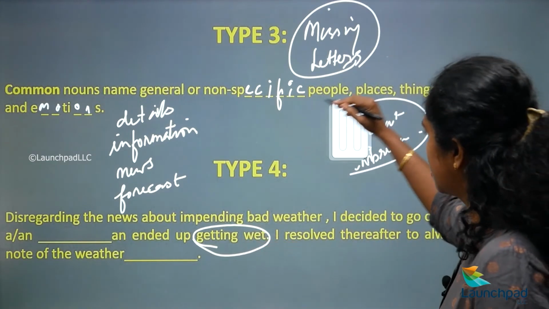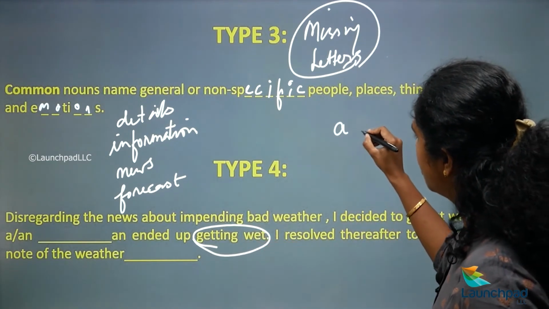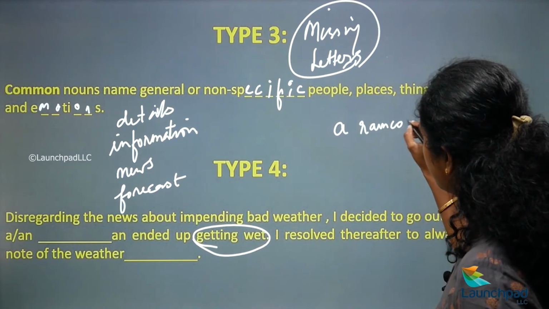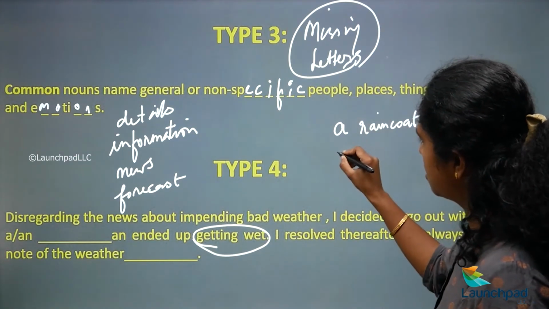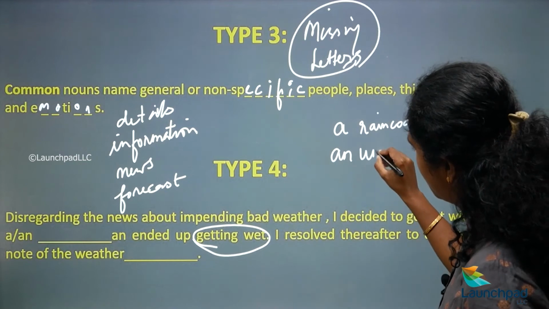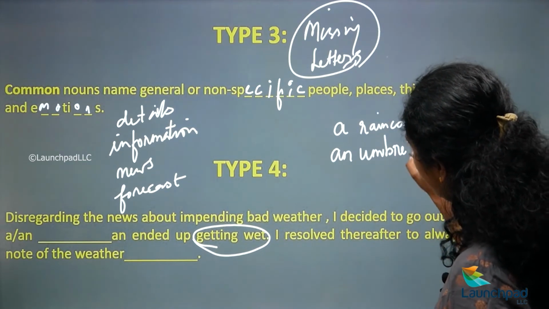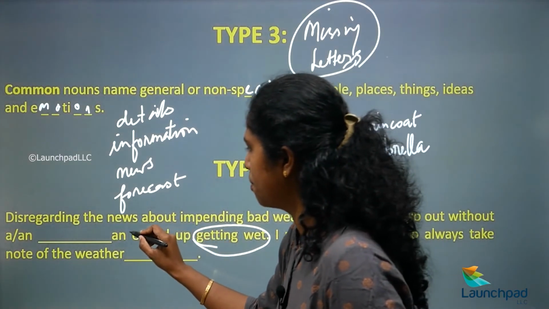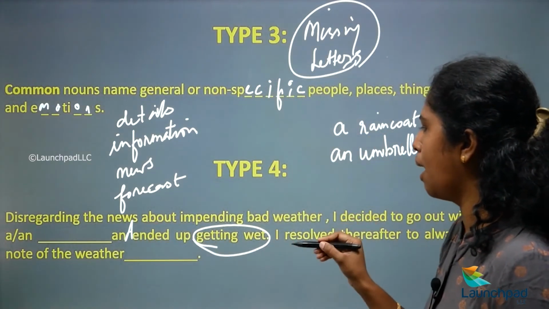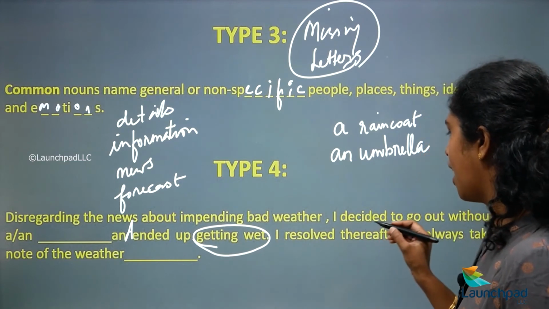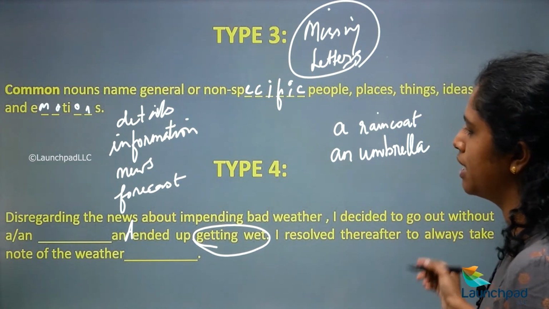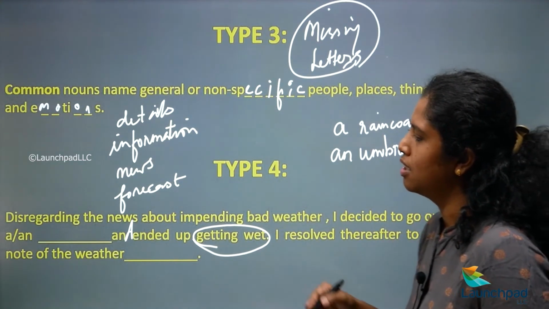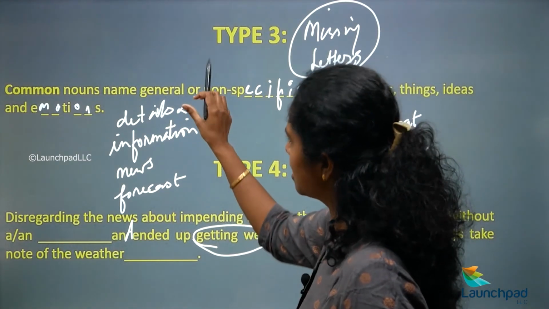So it is either a raincoat, yes, or it becomes an umbrella. So that is why they have given a or an. Yes, and there's a typo here, and ended up getting wet. I resolved thereafter to always take note of the weather details, or yes, these are all right.